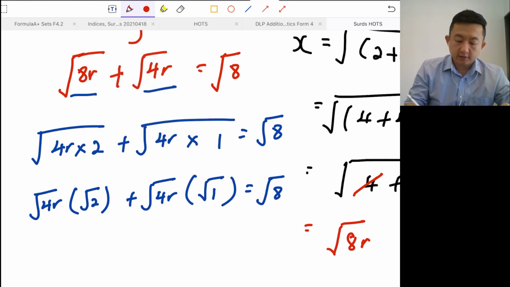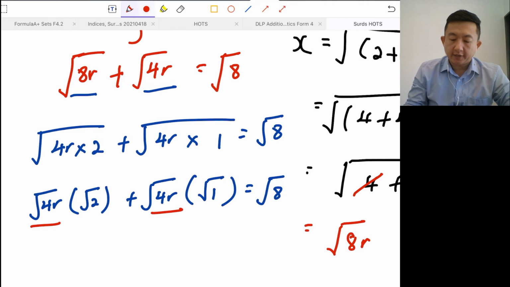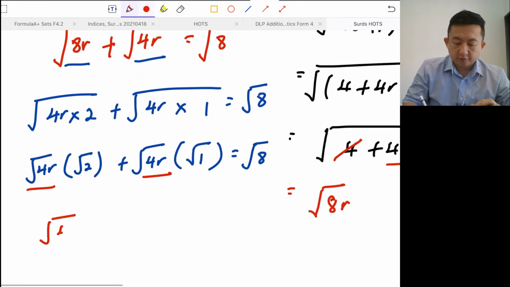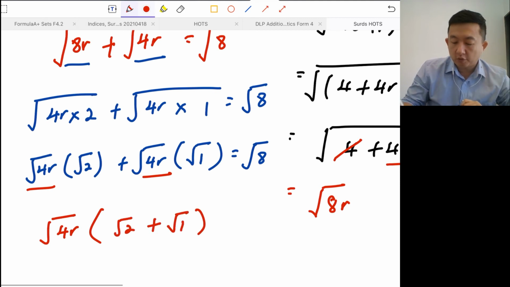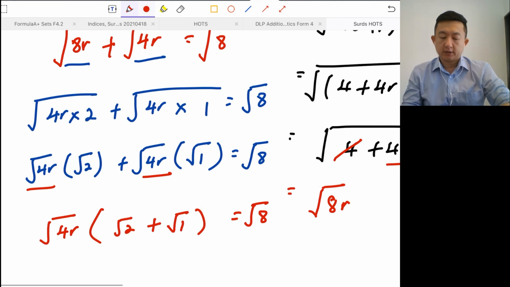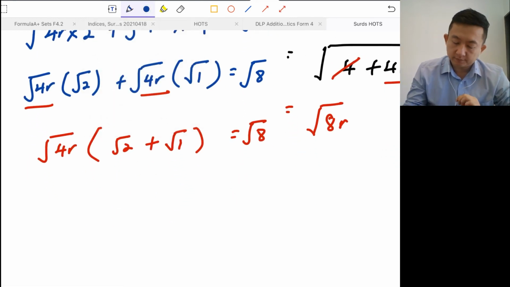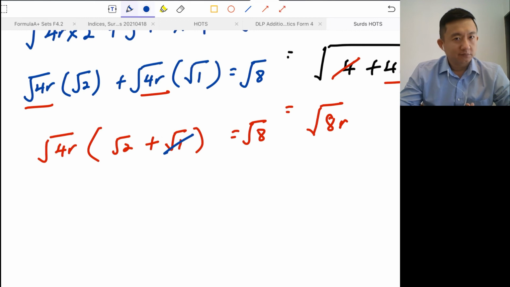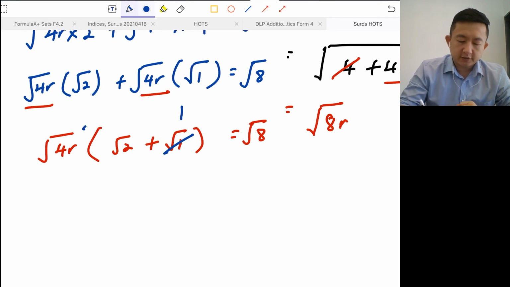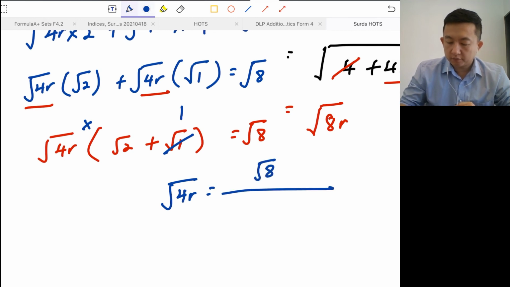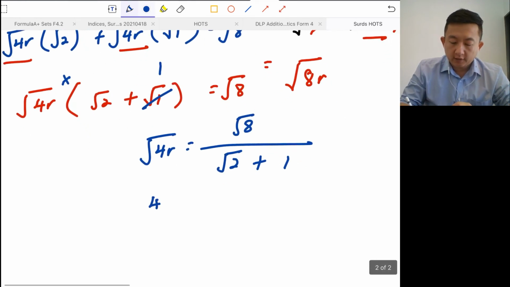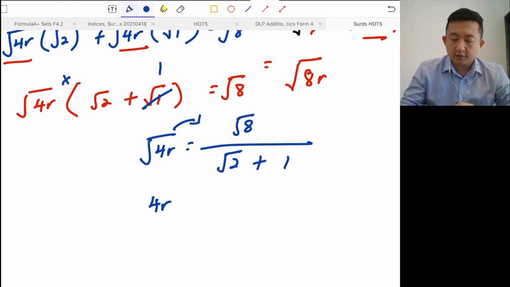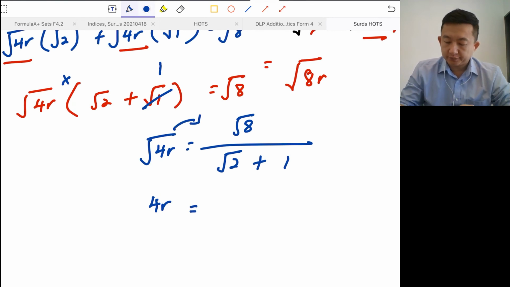And since there is a common factor, you can factorize it. Square root 4R bracket square root 2 plus square root 1 equals square root 8. Square root 1, right? 1. This is multiplying. Square root 4R equals, and then what you want is R, so we get rid of the roots.